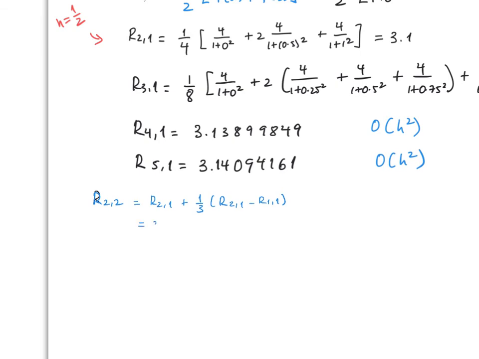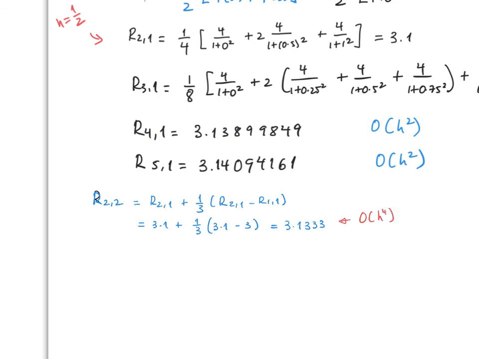And then this will give you 3.1 plus 1/3 times 3.1 minus 3. And once you simplify, this is 3.1333, it keeps going. Okay. So remember, this one now has a precision of big O of h to the 4.